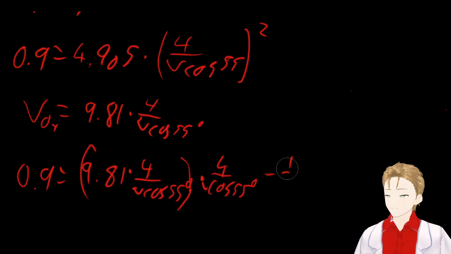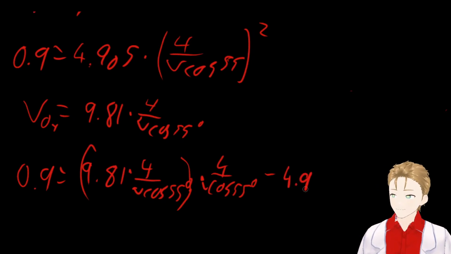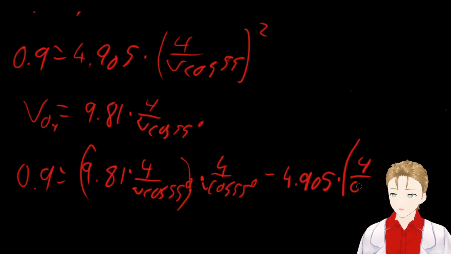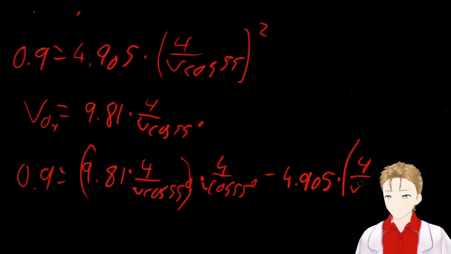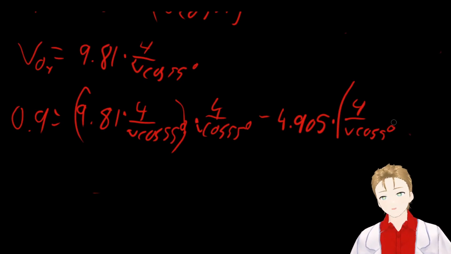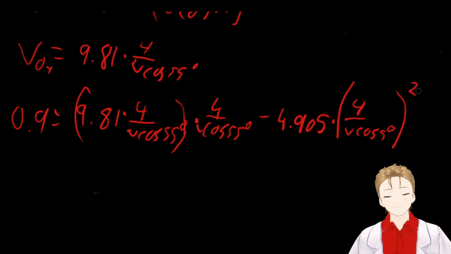Minus 4.905 times 4 over v cosine 55 degrees. Weird.